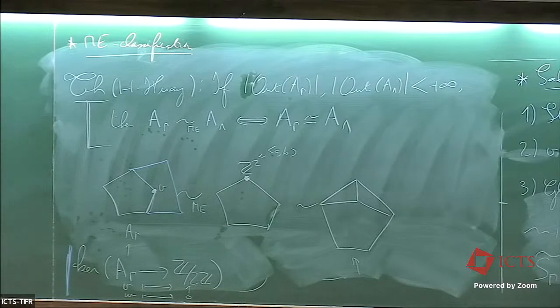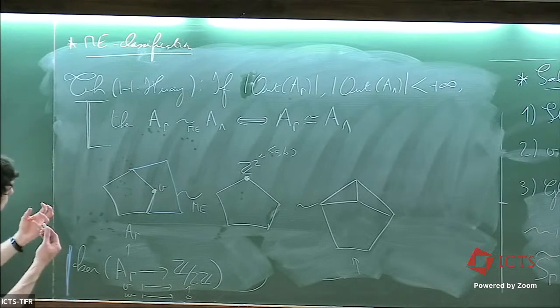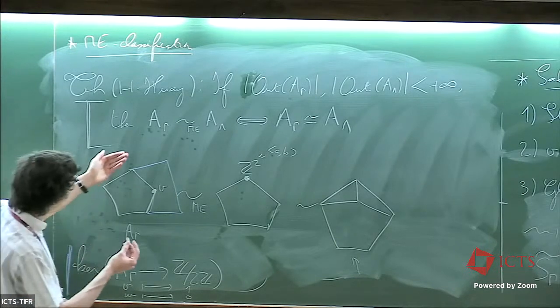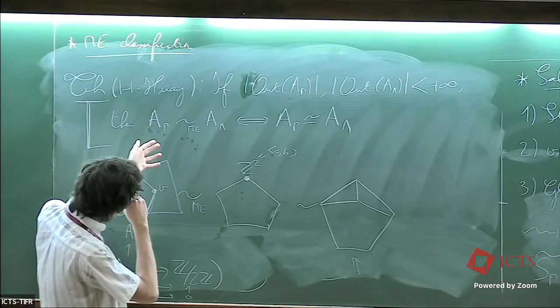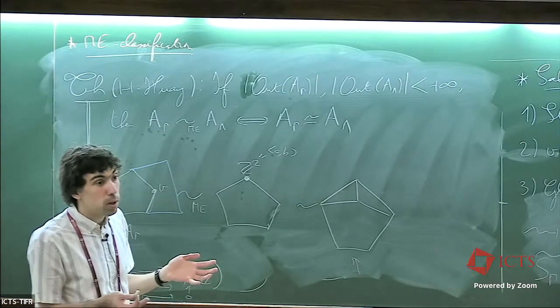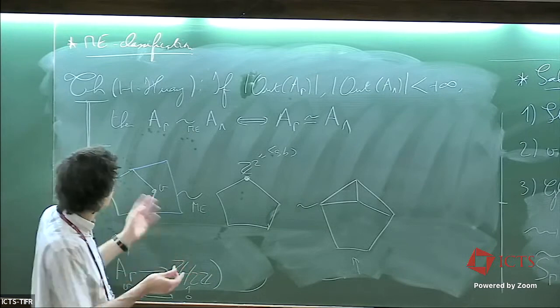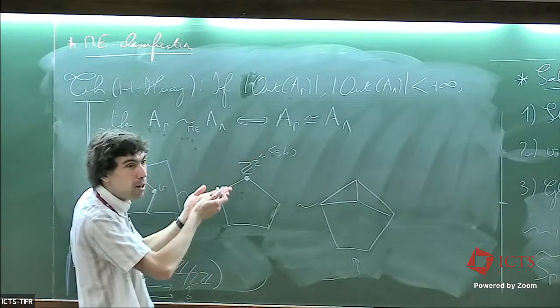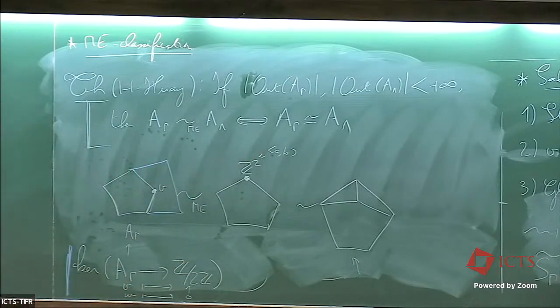Something like this. I think square free is not necessary, but you need some condition, because it cannot be true in all generality, simply because sometimes you can write the same group as a graph product in two different ways, and so you cannot hope that in general you will have the same graph. But if you put the correct conditions, I believe that there are statements of this kind.